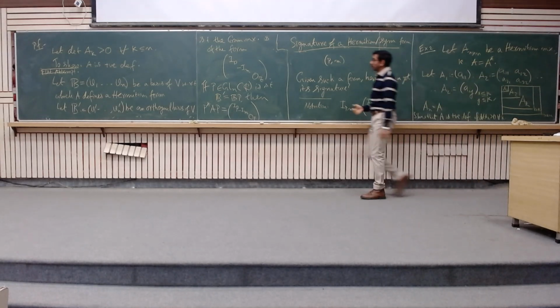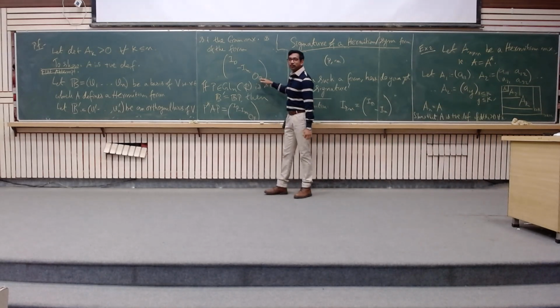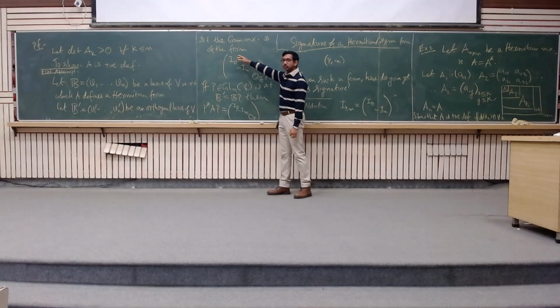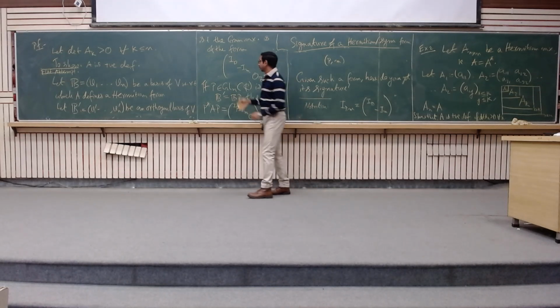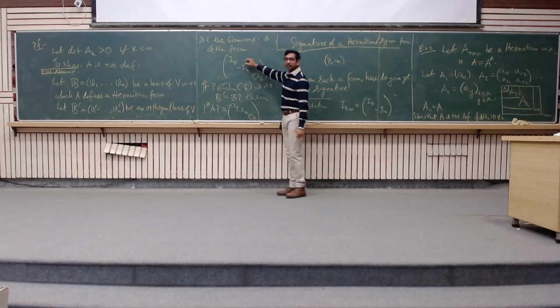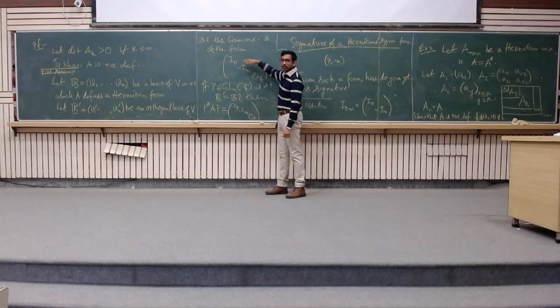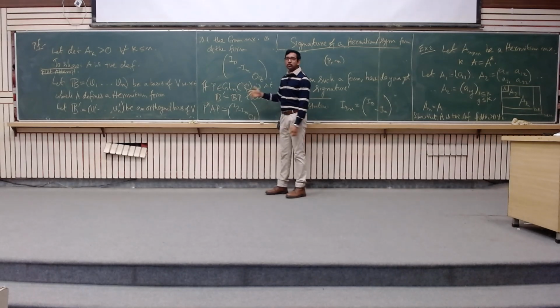You need an orthogonal basis, right? Not only an orthogonal basis will give you this diagonal. Still, you have to check what the diagonal entries are, whether they're positive, negative, or 0. According to that, you can scale each of them. For 0, you don't have to do anything.